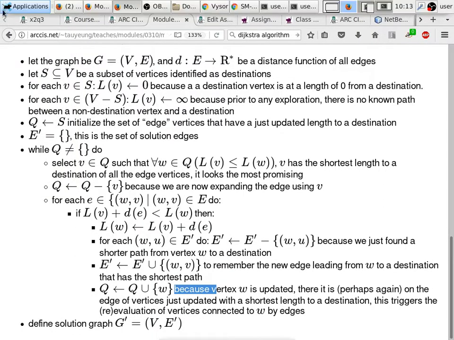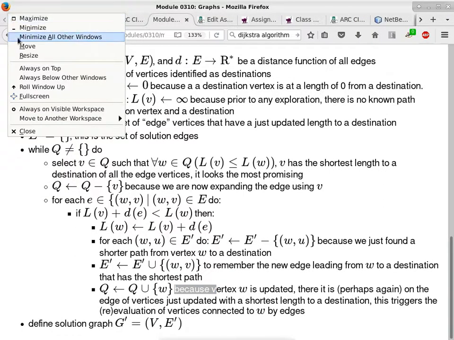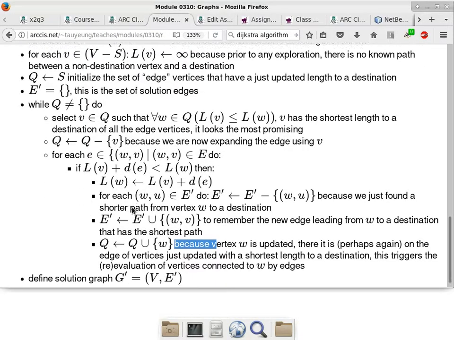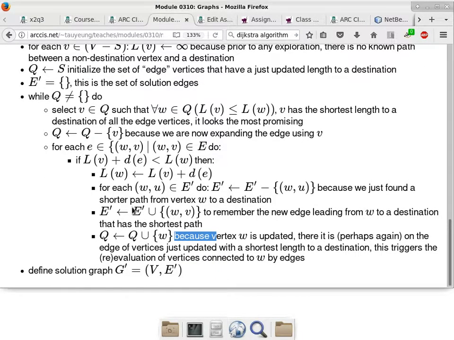There we go. So this is what the last operation is: because W is now updated, I have to put W back into the edge set.